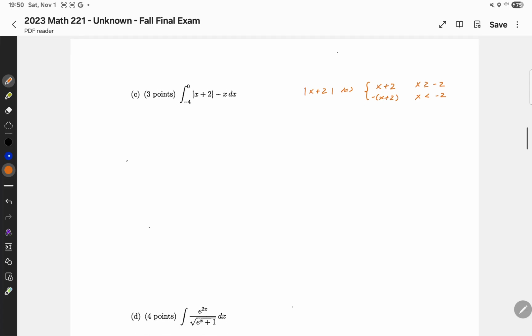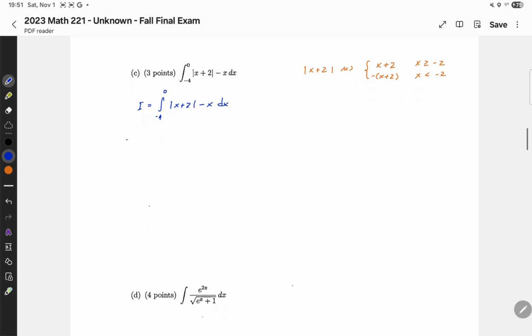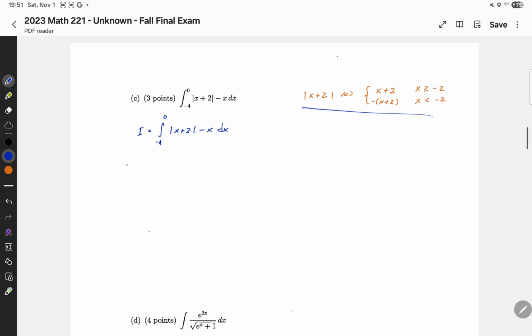So now we can write our integral. We have I is equal to the integral from minus 4 to 0 of the absolute value of x plus 2 minus x dx. Now, with this function up here, we can rewrite this. We can say that I is equal to the integral from minus 4 to minus 2, and I'm picking minus 2 because of this.